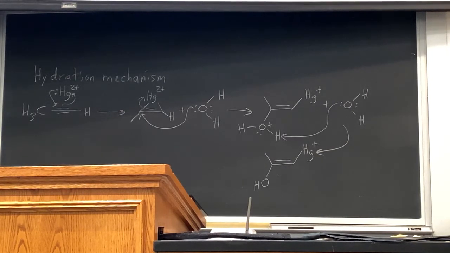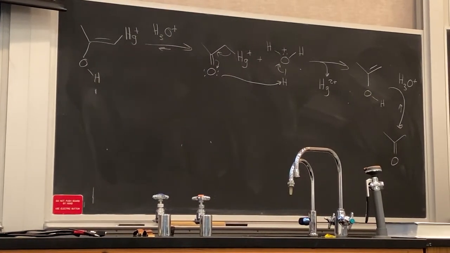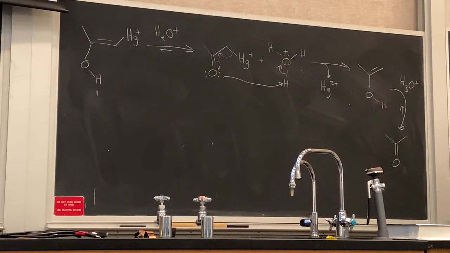The next two steps, which I didn't draw out for you on the board, are the tautomerization steps that we showed you at the end of class on Wednesday. The last two steps of the mechanism are the same as those, a second tautomerization. And so there's really just one step here that's a little bit unusual compared to the ones we've seen before, where we protonate this oxygen and the mercury is eliminated out, giving us the enol.